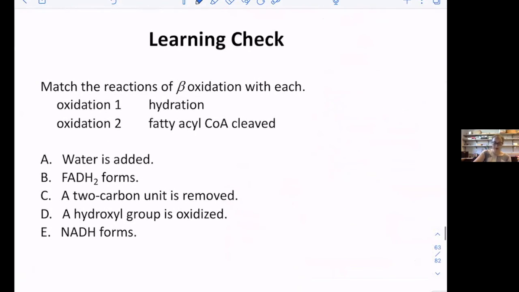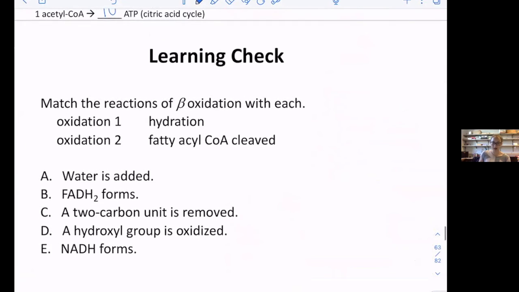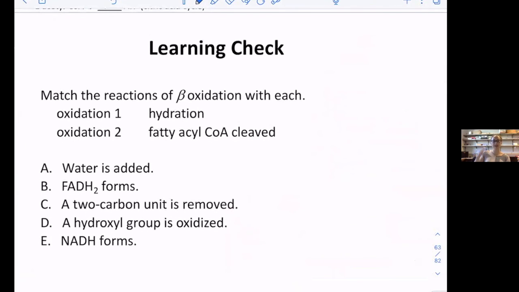So, learning check: match the reactions of the beta oxidation with each of the following. Water is added. Where is water added in our process? Is it going to be the oxidation, hydration, oxidation number 2, or fatty acyl-CoA cleavage?